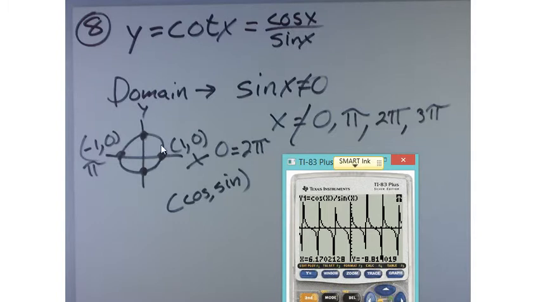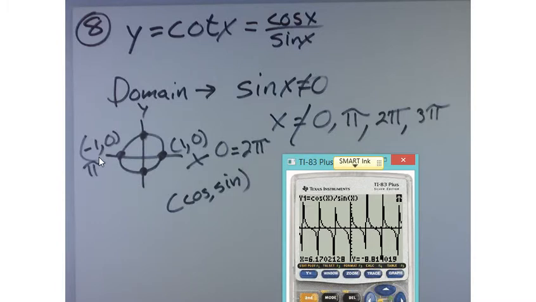If I come around again, it's 3 pi, 4 pi, 5 pi. And if we were to go in the negative direction, it'd be negative pi, negative 2 pi, and so on and so forth. So what we're saying is that we're going to have a domain restriction at any integer times pi, which is where our discontinuities take place. Does that make sense? Okay.